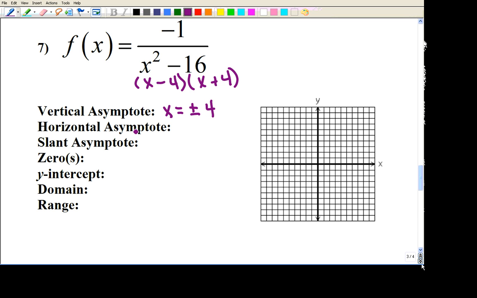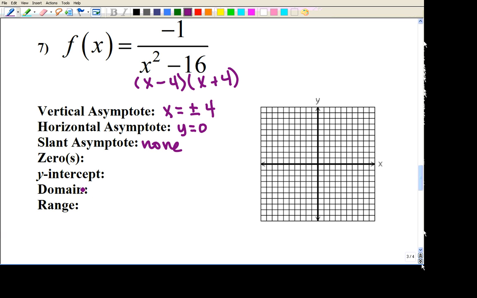For the horizontal asymptote, whenever the exponent is bigger on the bottom, remember that's BOBO, so that'll be y equals 0. Because my exponent on top is really x to the 0 power, right? Anything to the 0 power is 1. If x isn't there, it's got an exponent of 0. So the exponent on the bottom is bigger. All right, and then slant asymptote, we don't have one. We had a horizontal asymptote.